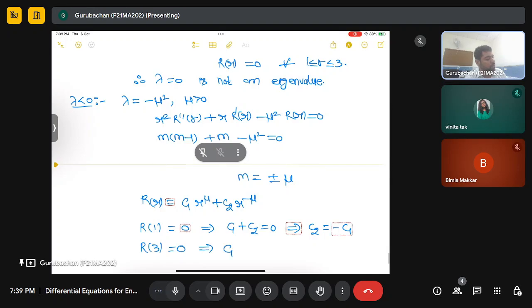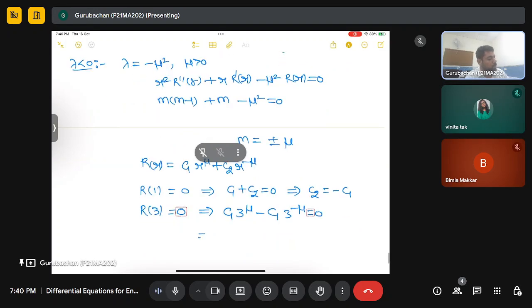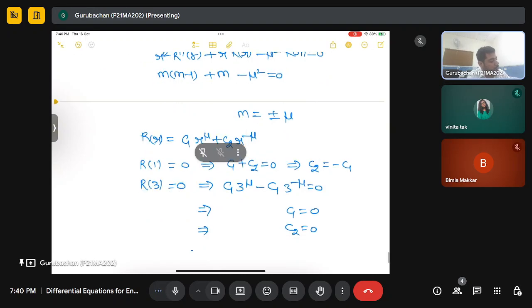This will imply c1 3 to the power mu plus, since c2 is minus c1, it will be minus c1 3 to the power minus mu is 0. Since 3 to the power minus mu can never be equal to 3 to the power mu for mu positive, it will imply c1 is 0, this will imply c2 is 0, and this will imply R of r is 0 for all r.